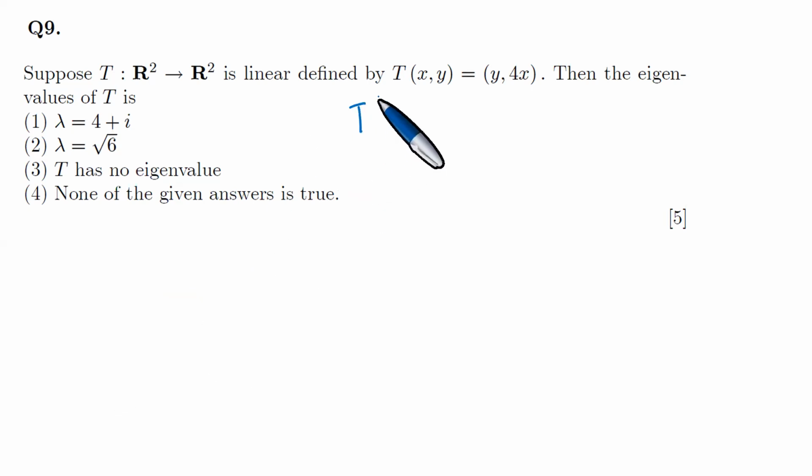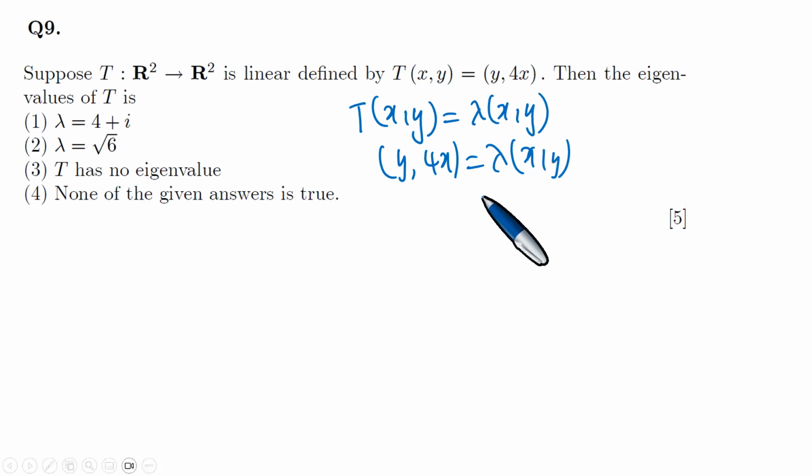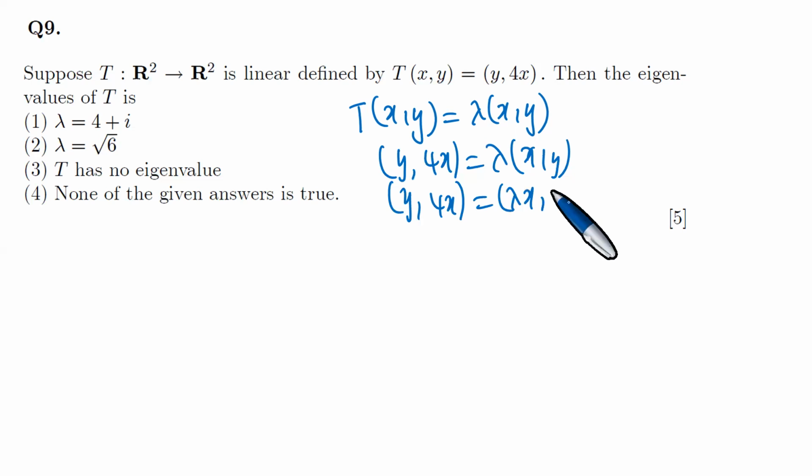So you have T of these, which is lambda that. What is T now? We always write this formula, and then the map is defined like this. It takes (x, y) to (y, 4x). So now this is going to become lambda x, lambda y.